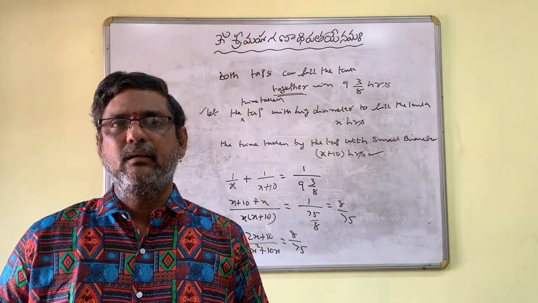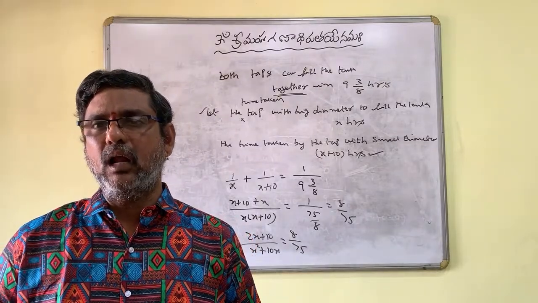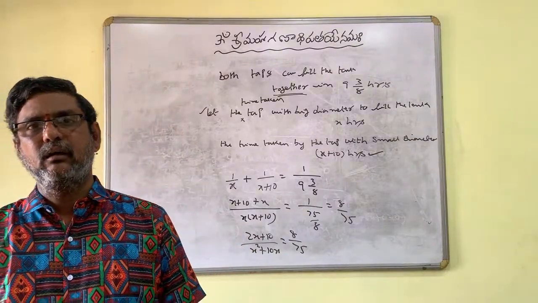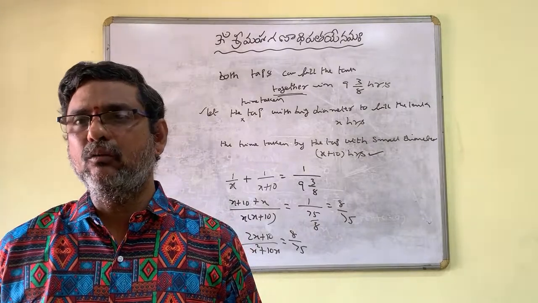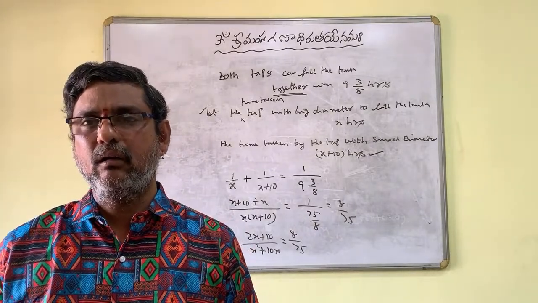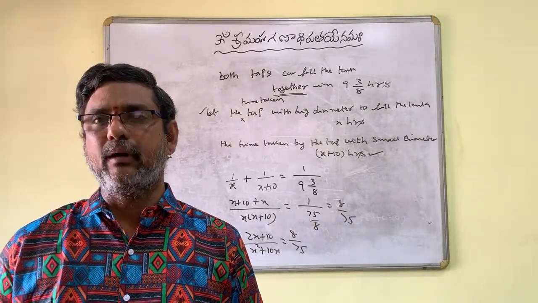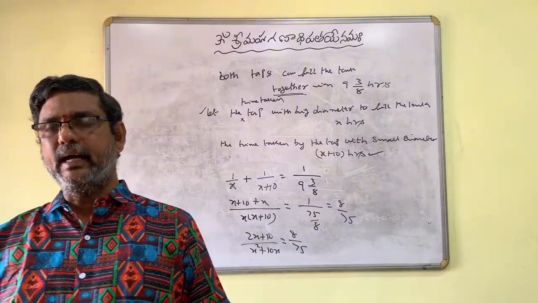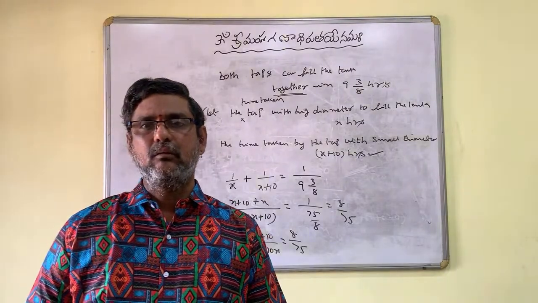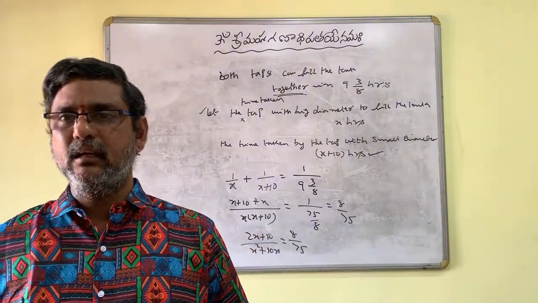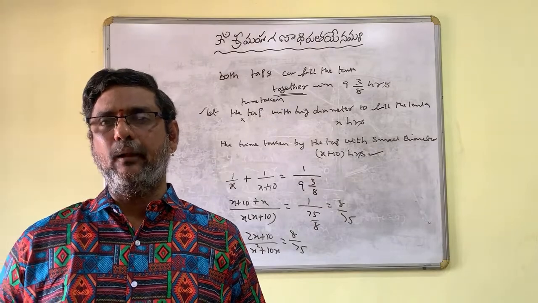See, wall construction. For constructing a wall which is 100 meters long, the house owner deputed a person. He said that he can complete the wall in 10 days. So the house owner accepted it and gave permission to construct the wall.